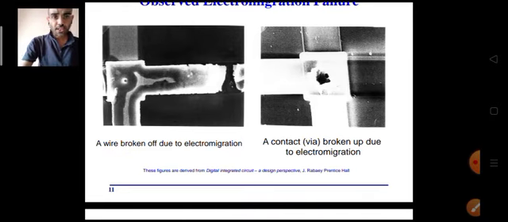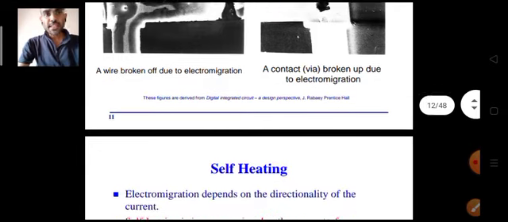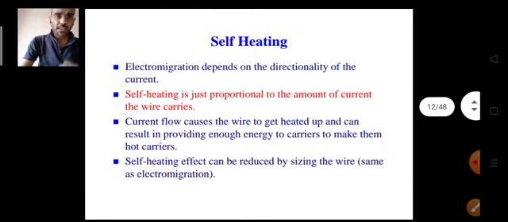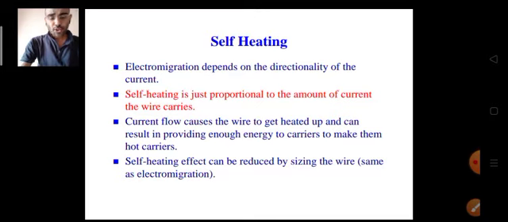The other reason is heating. If a very high current passes continuously, the current produces the heating effect. So this heating effect is also responsible for your open circuit. Sometimes if some wire is burned out on an IC, the reasons may be electron migration and sometimes the heating as well.